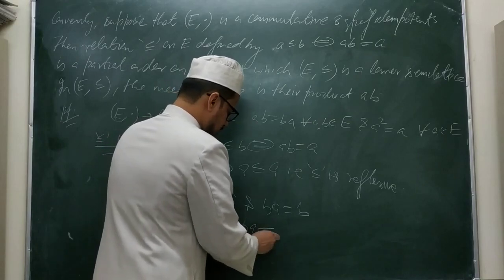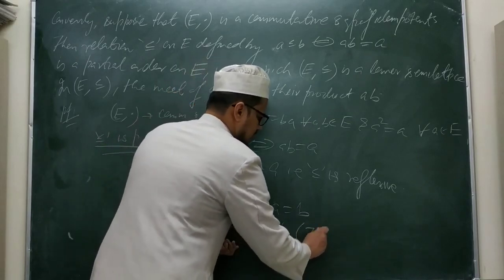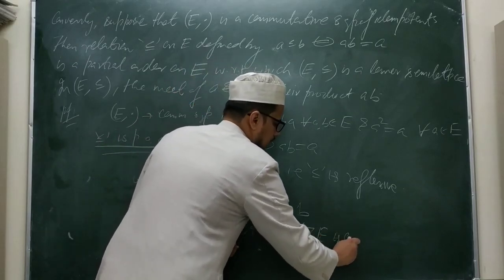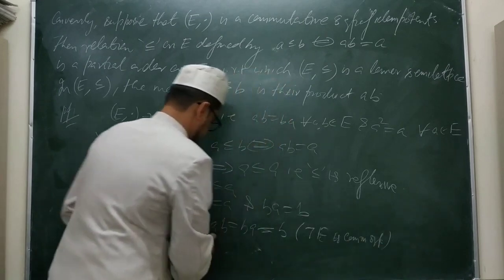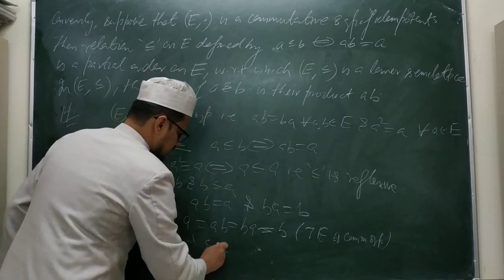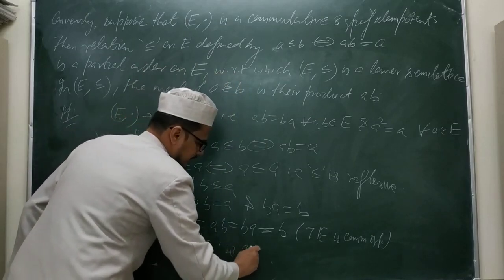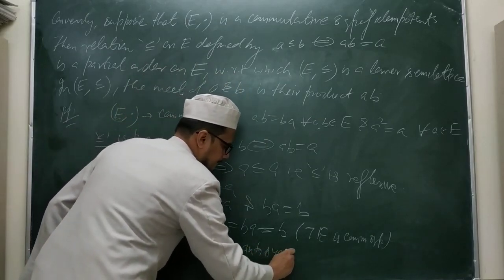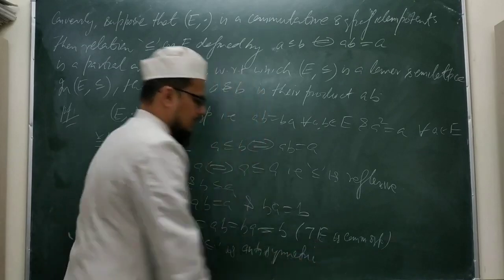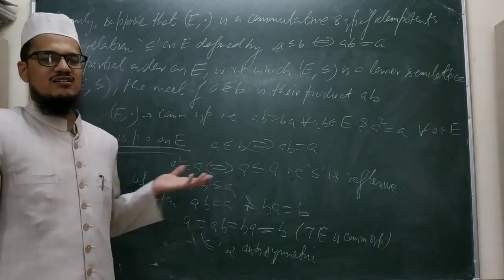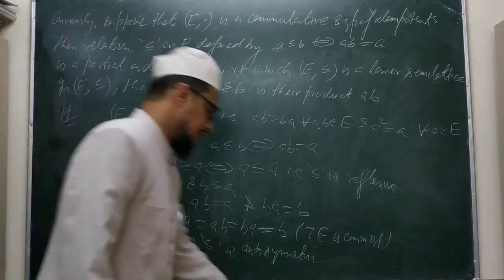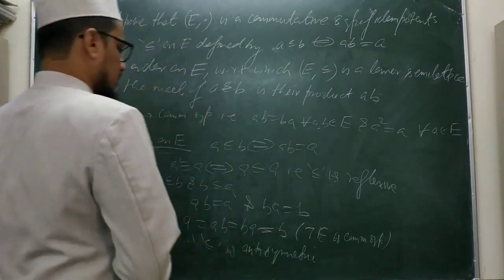So A equals AB equals BA equals B. So the relation is antisymmetric. Now we have to see whether the relation is transitive or not.